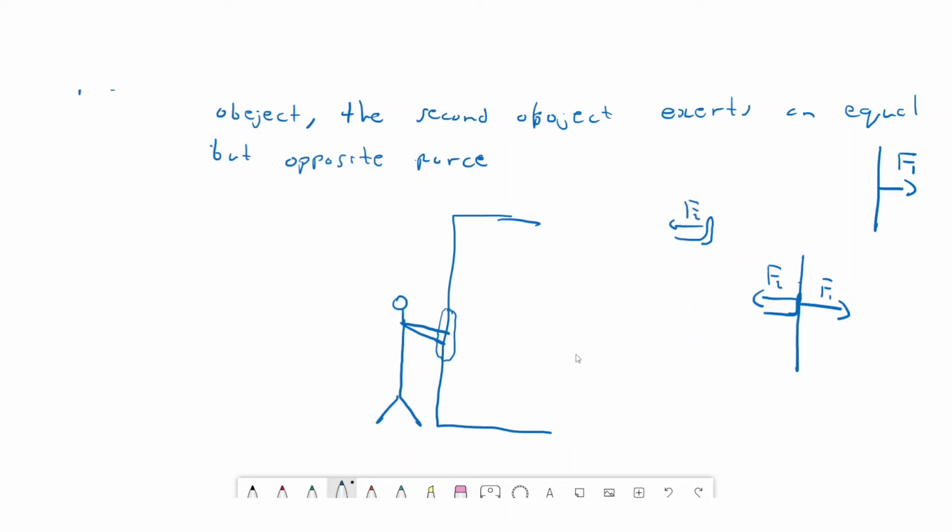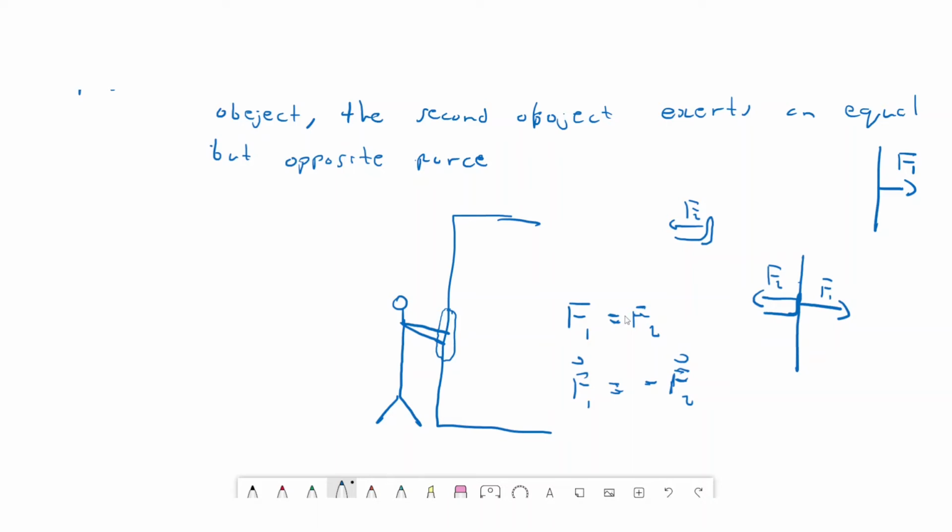F2. Now what does Newton's law 3 say? It says that the magnitudes of F1 and F2 are going to be the same, but the directions are going to be different, and that is why the vectors are going to be like this. This is very similar to Newton's third law, whereby one object is applying a force and the other one is retaliating with the same force, or is reacting.